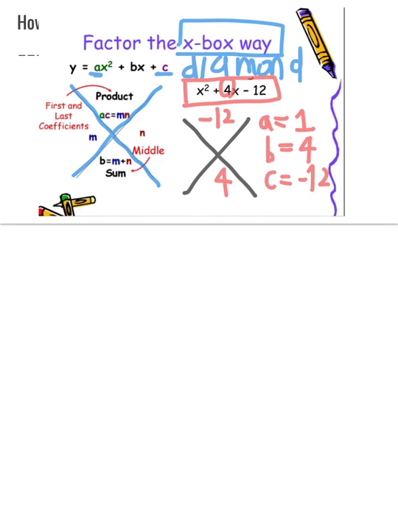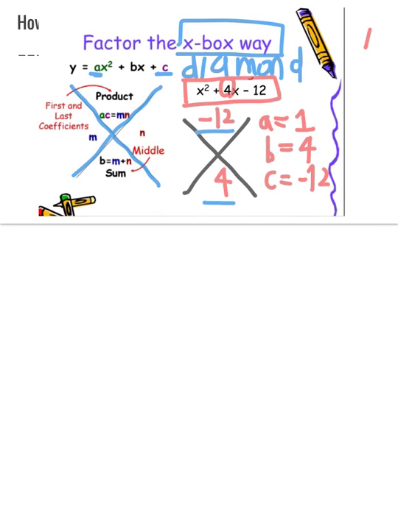So now this is what we are doing. We have negative 12 on the top and 4 on the bottom. And we are going to try to find these two values: they will give us negative 12 when we multiply and positive 4 when we add.